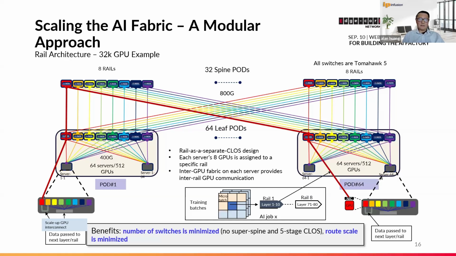Once that's done, rail 1 forwards the output of that micro batch to rail 2 GPUs, indicated in orange color. Rail 2 GPUs immediately begin processing the next layers, while rail 1 is not sitting there doing nothing, and actually immediately starts on the following micro batch. This overlapping workflow keeps all GPUs fully utilized and significantly accelerates training.